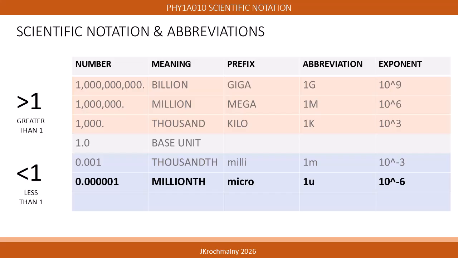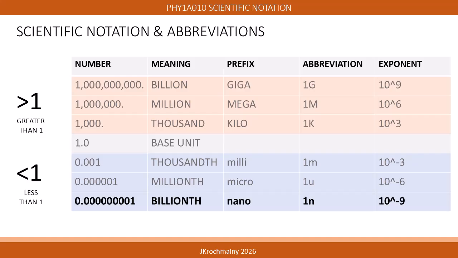Converting the value of 0.000001 to scientific notation involves moving the decimal point right 6 places. We now have 1u or 1 micro. Converting this 1 micro back to a 10 base value, we write the value of 1 followed by the movement of the decimal point 6 places to the left.